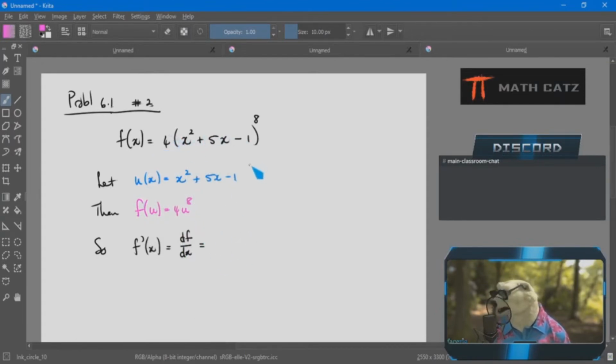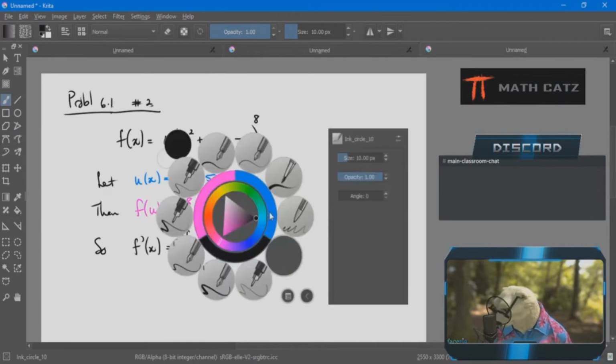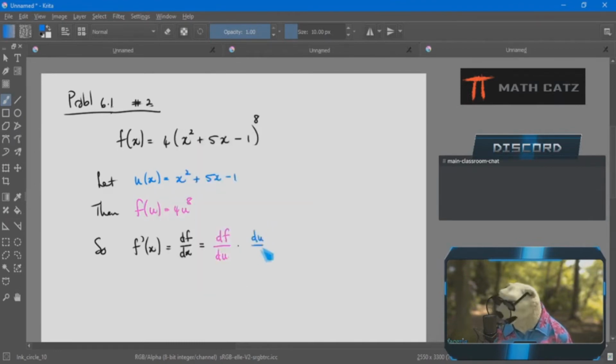When I deconstruct the composition, the inside function, for me, comes first. So it's the derivative of my function with respect to this temporary inside function as a variable that I call u, times the derivative of the inside function, which is, of course, in terms of x.